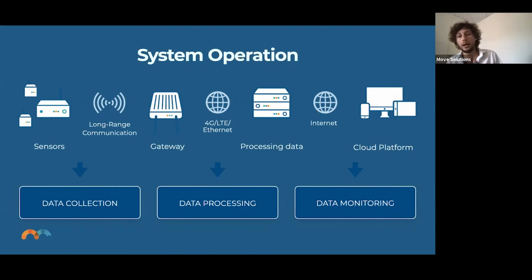Now, let's stop 1 second right here. We will talk about it later. We supply a cloud system, or we could also supply an on-premise system, or we could do a private server, just for you, that is yours but is handled by us. Because we get this question a lot, right?